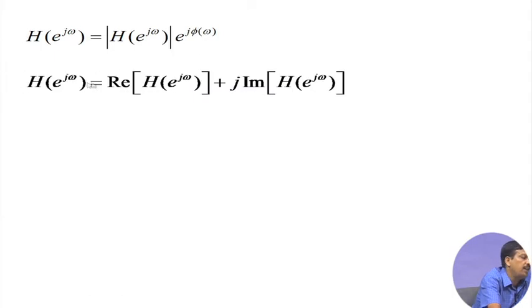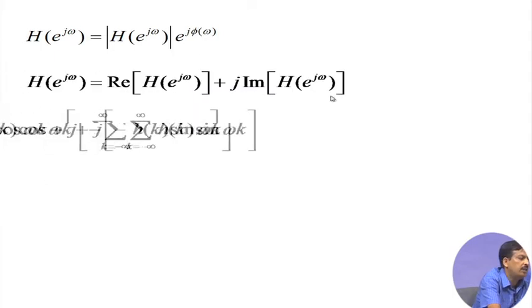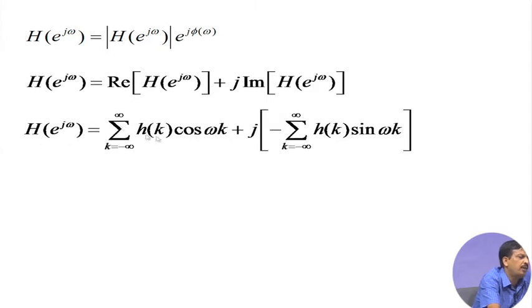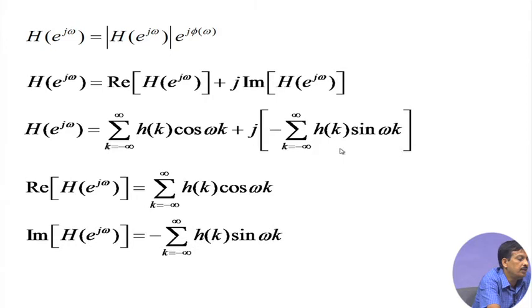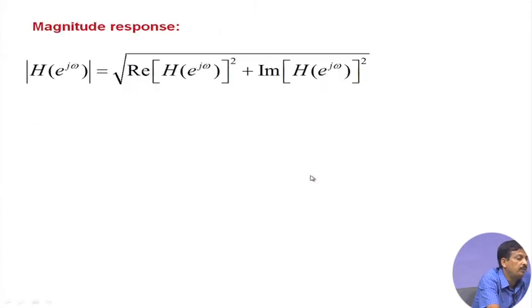So, H has a real part and an imaginary part, again a complex number property. With cos omega k and j sin omega k, the real part is the cos part and the imaginary part is the sin part, minus h[k] sin omega k.